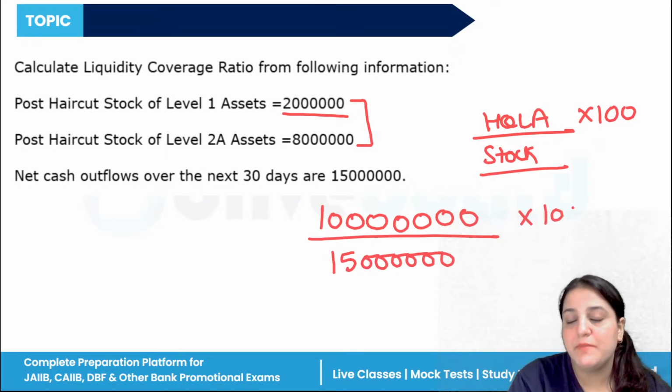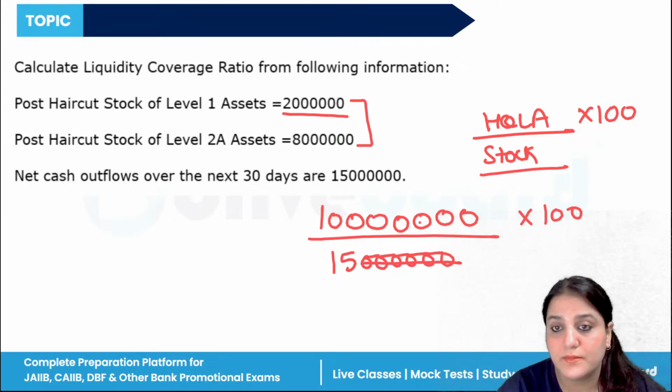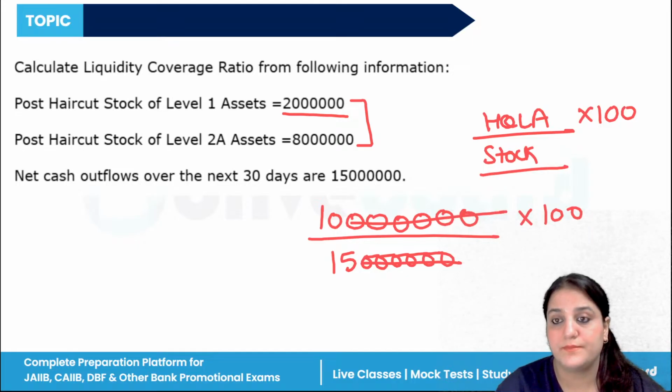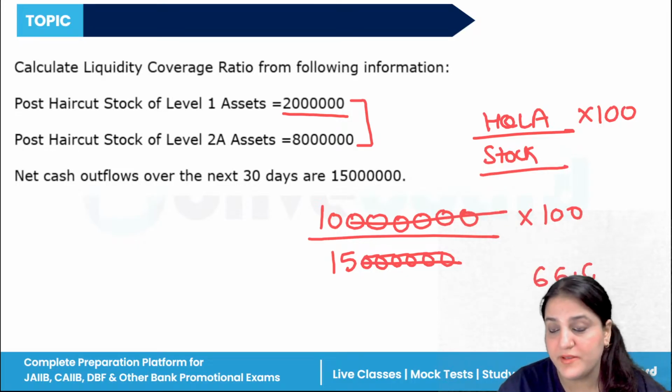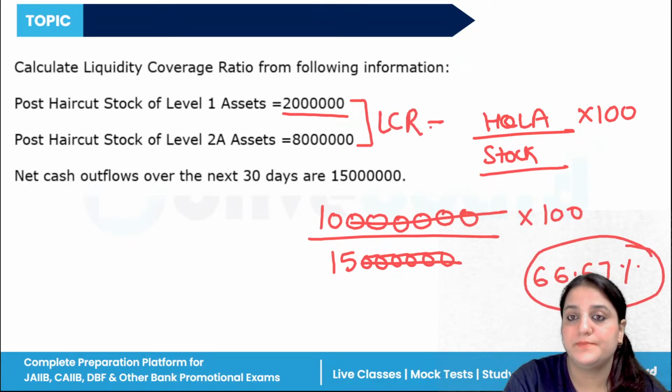Just multiply it by 100, and it is about 66.67%. That is the LCR.